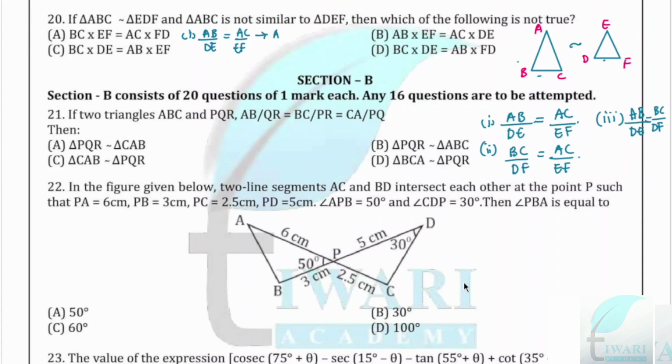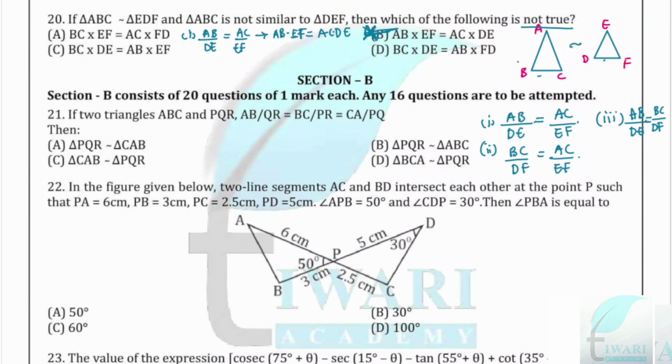That means AB into EF is equal to AC into DE. So option B is true. But in that question it is asked which is not true, so option B can't be the right answer.